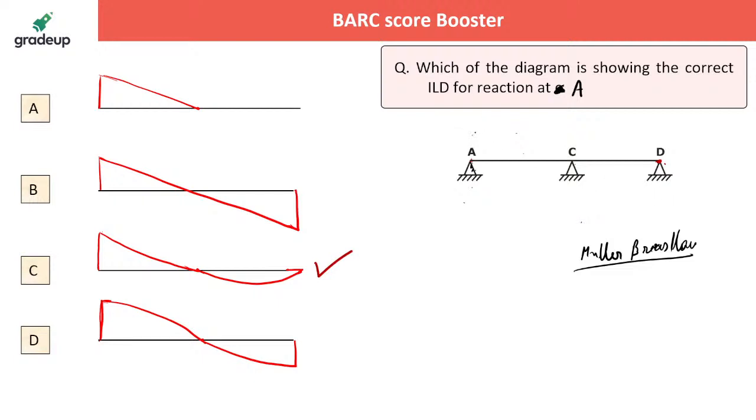You need to always think like that. Both are continuous curves, no more straight lines. Maybe I'm not drawing it properly, but it is not a straight line. It is a curve.